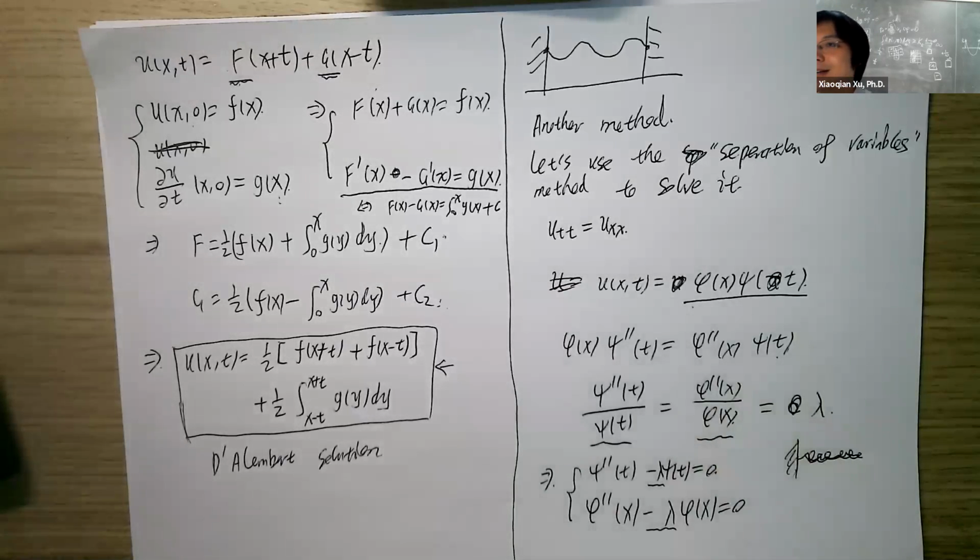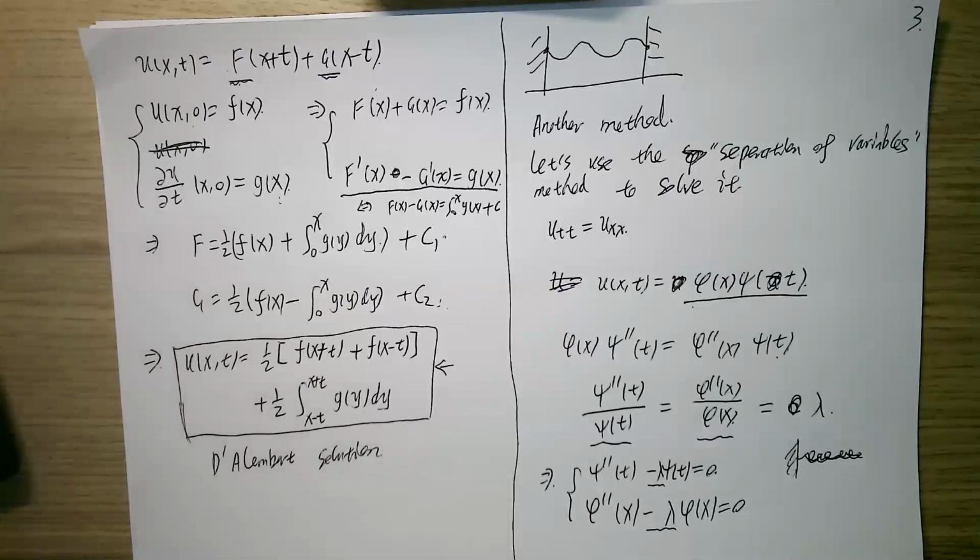If lambda is positive, then what does that mean? What does the solution look like?